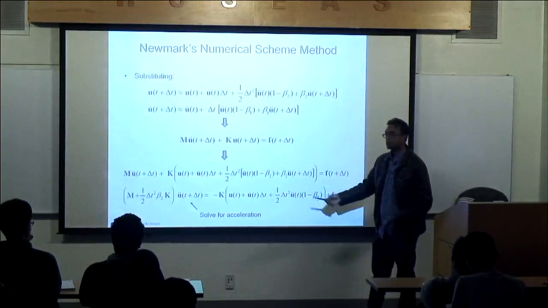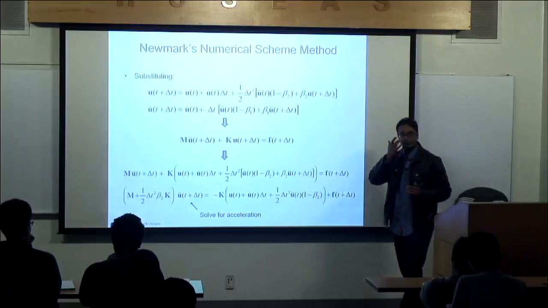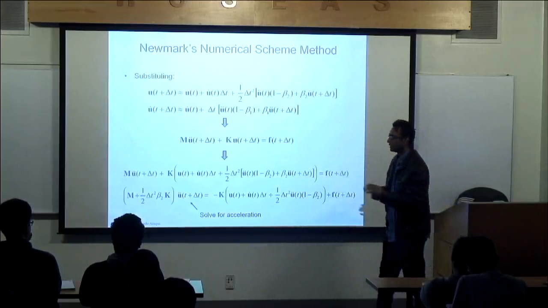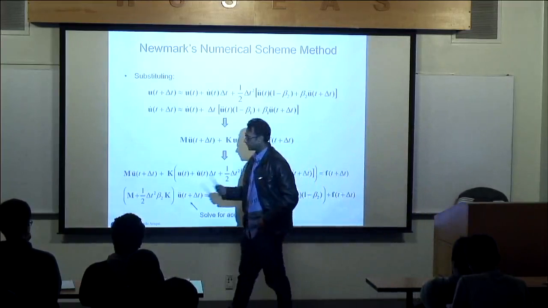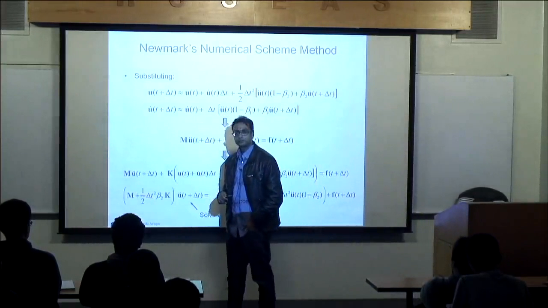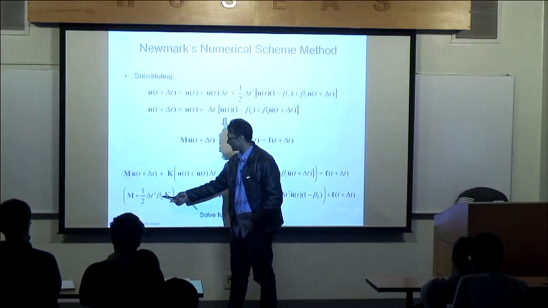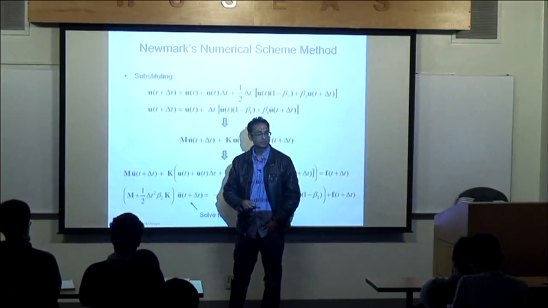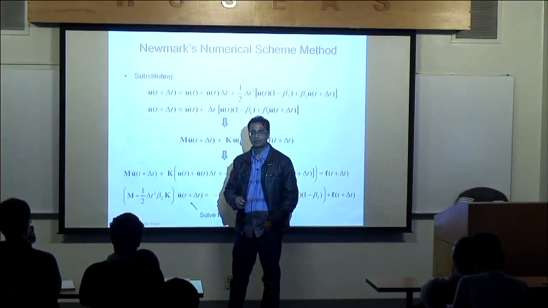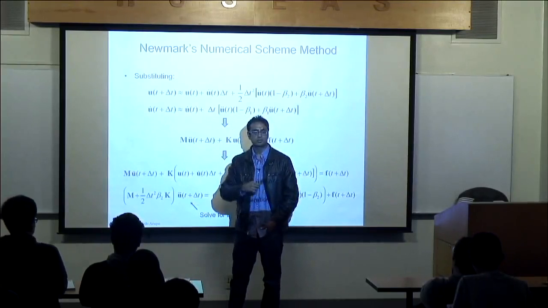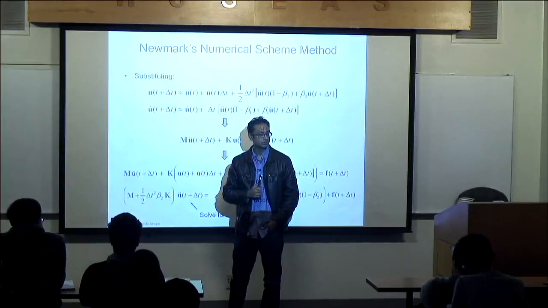Now let me ask you a question, because it's very easy to get stuck on this particular problem. I want to ask you one more time, very quickly. Is mass known? Is bold K known? Is β2 known? Now you may pause for a second, but you know that, because I'll tell you the integration scheme that you will be using. I'll tell you, this is what we should be using.